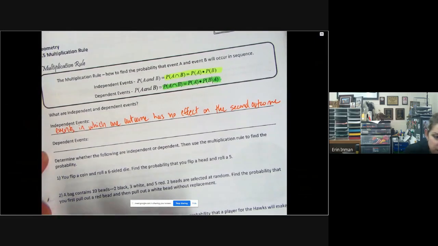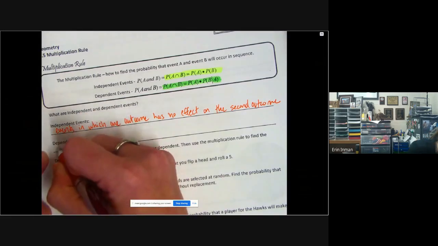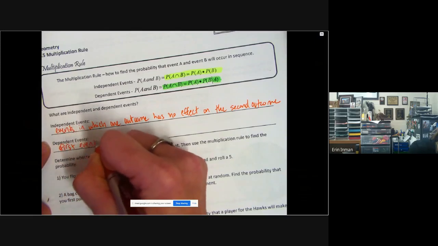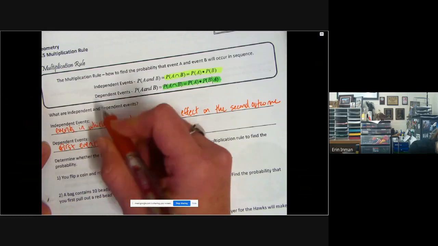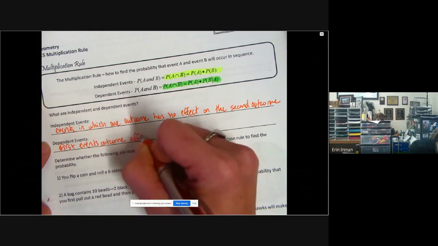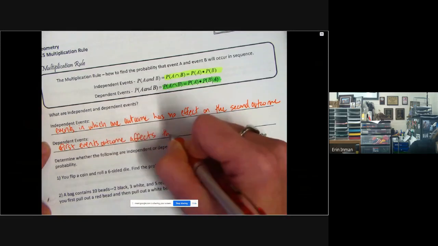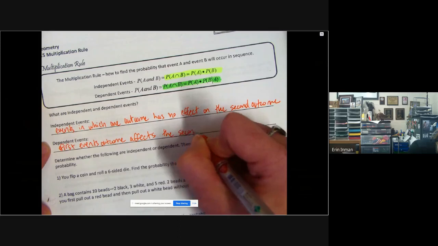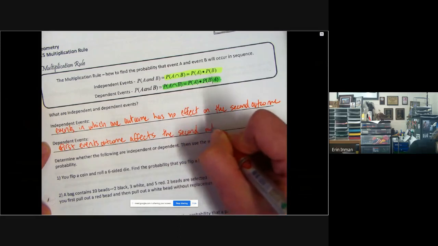If it's dependent, the first event's outcome is going to affect the second event's outcome.